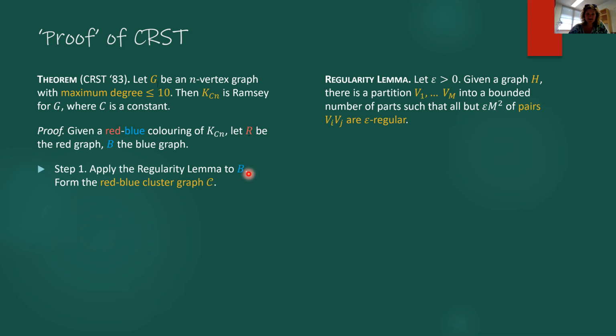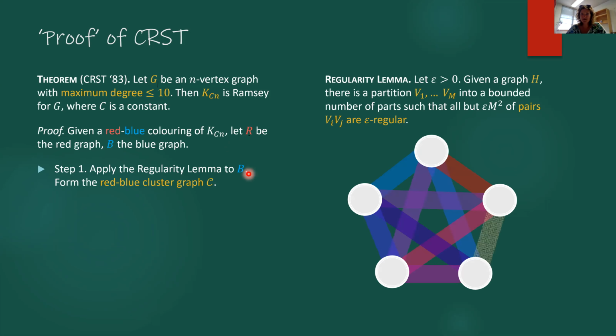And we get this output, V1 up to Vm. So this may be V1, V2. Of course, my picture is deceptively small. And this is an irregular pair. All the other pairs for us are regular. And an important point, they're regular with respect to both blue and red by complementarity.